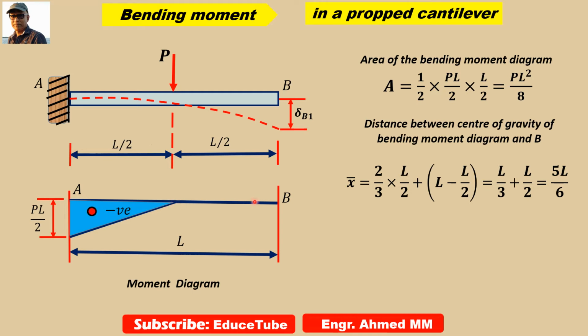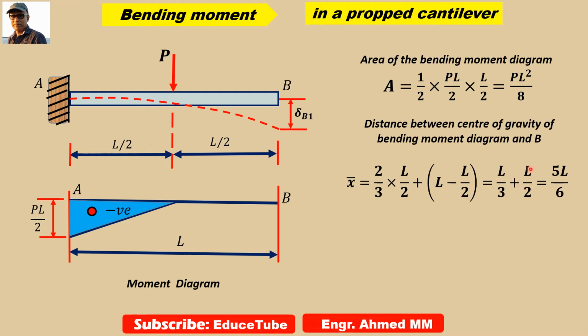Now from here to here, we already know it is L by 2, so I put L by 2 here, but in a different way. The reason is I put the formula in such a way that if both these distances are not equal, say if it is A, then we have to use this distance as L minus A. According to that, I wrote L minus L by 2.